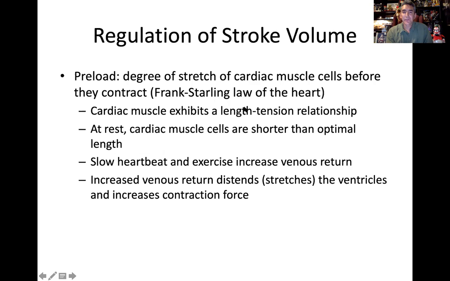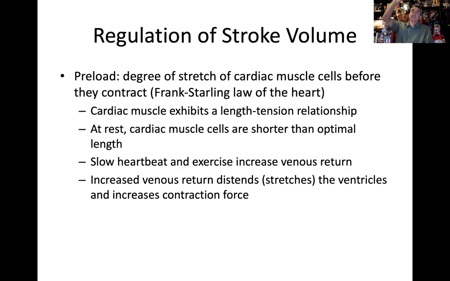Again, it goes back to that length-tension relationship of the little sarcomeres, the actin and myosin, those little crossheads, and how many connections they can make. What preload basically states is that the more a muscle is stretched, the more forceful the contraction can be, right? That's basically the Frank-Starling law.